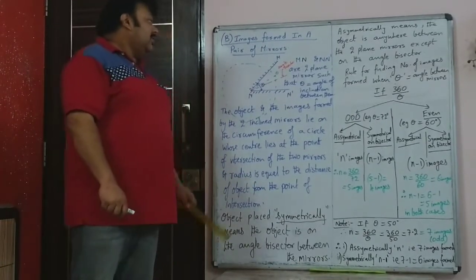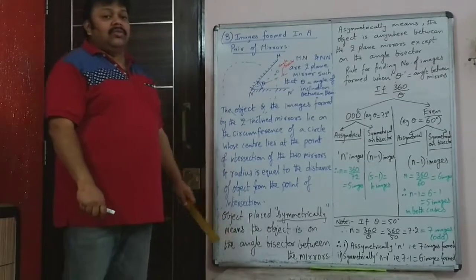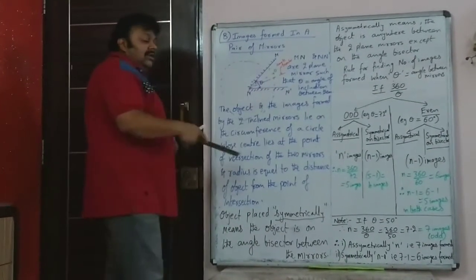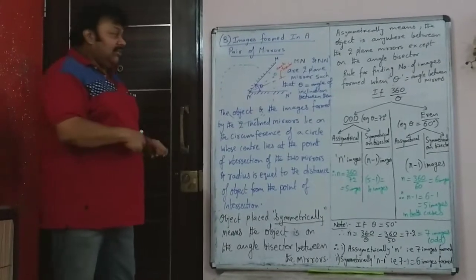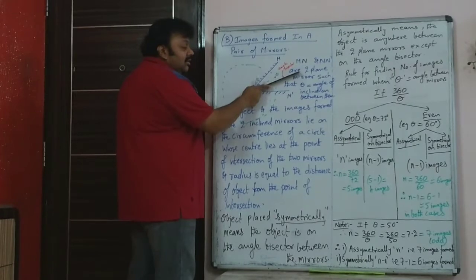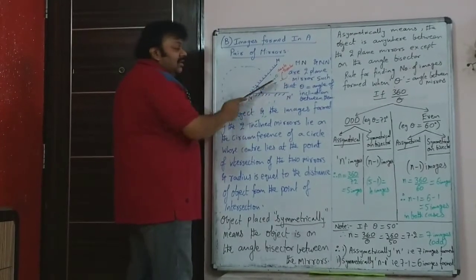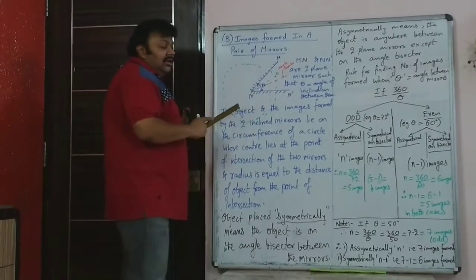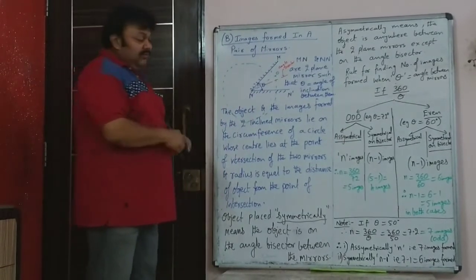Now, object placed symmetrically between the two mirrors. Here we consider the object is here, which means it is asymmetrically placed. Symmetrically means the object lies on the angle bisector, that is the line dividing this angle MNN dash into exactly two equal parts.